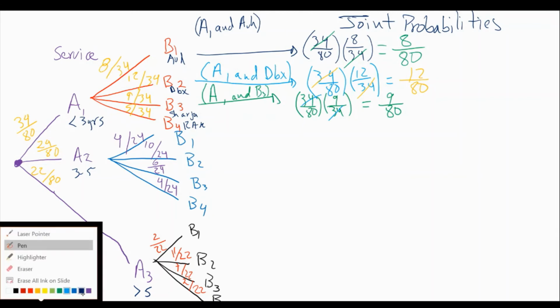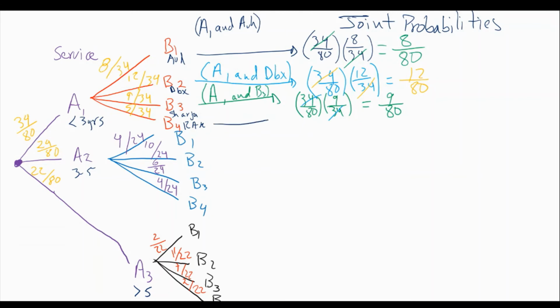The last one, we'll do the probability that the location is working less than 3 years of service and is located in Ras Al Khaimah. Okay, so that is equal to 34 divided by 80 times 5 divided by 34.